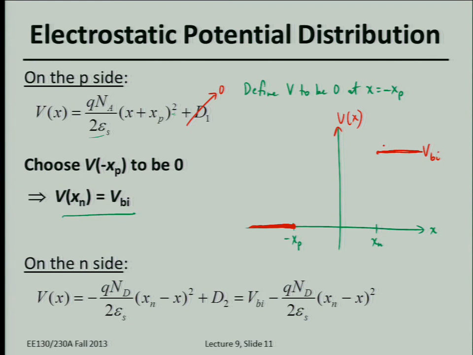The question is, what does it look like? If you look at this expression for V of x, what should I be drawing here? Is this concave? Concave up, that's right. Let's draw a gently increasing, concave up curve. So it'll look like that.